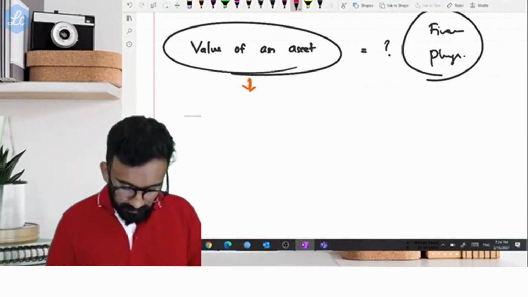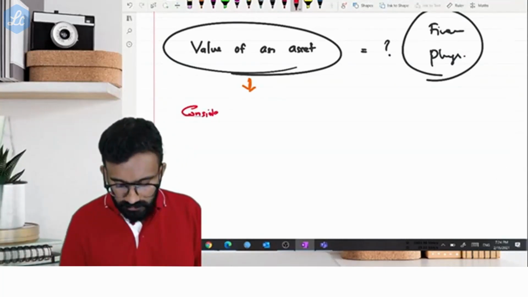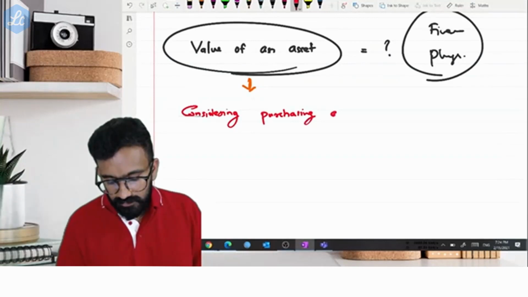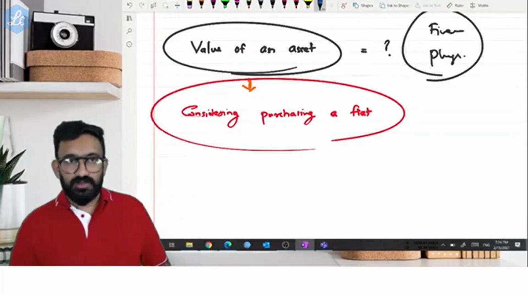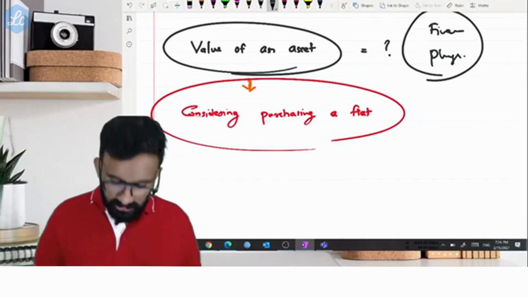Let's assume you're considering purchasing a flat. This is your investment decision. You wanted to check whether purchase of this particular flat is a good decision or not.